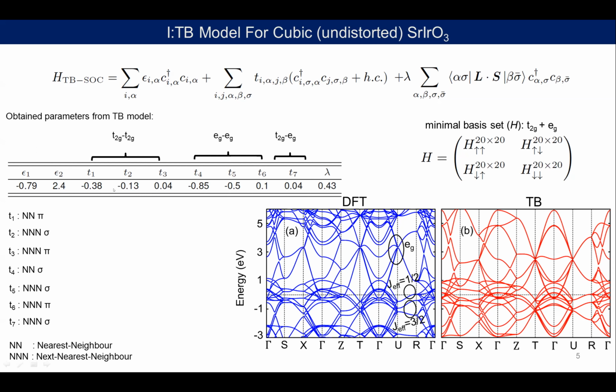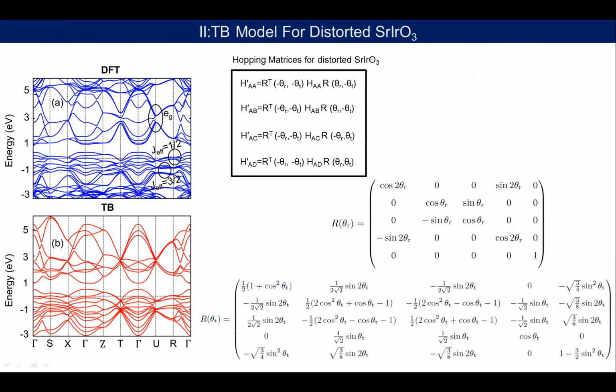So after making the tight binding model for the undistorted structure in the basis of t2g and eg orbitals, we then make its tight binding model in the distorted frame, because in the crystal structure I showed that this is a very strongly distorted system. So how to make the tight binding model of the distorted case?